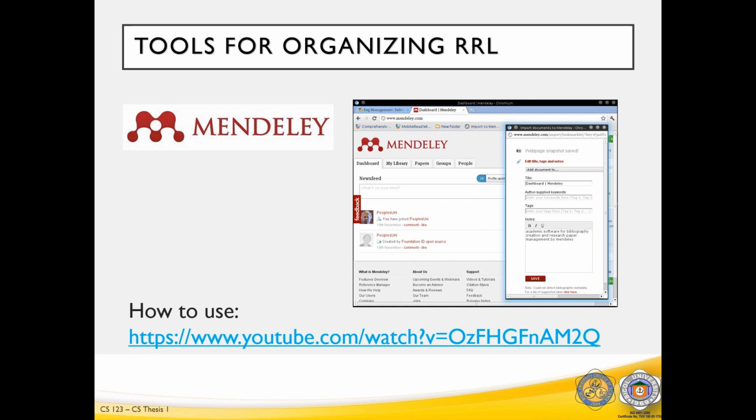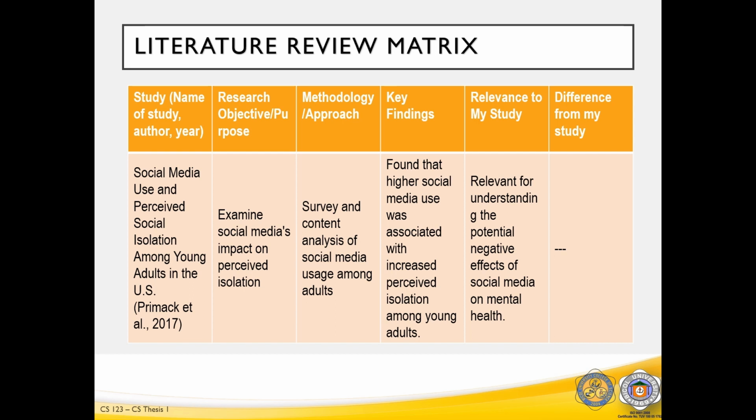Okay, so last slide. Last time, I asked you to collect at least 50 related literature and studies. So now I want you to organize them through a matrix. Okay, it's something like this.